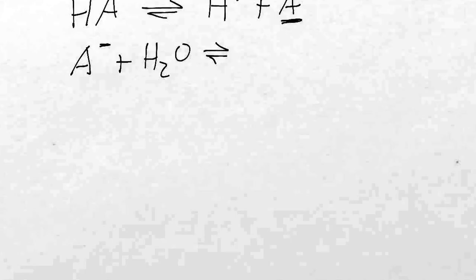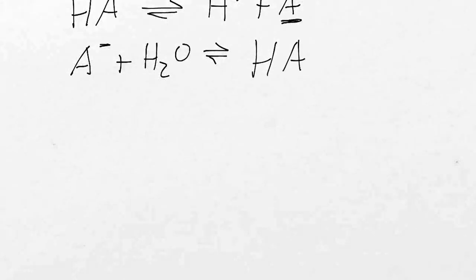So, this A minus then simply grabs a proton and goes, come with me. Good. Right? So, it leaves the OH minus on its own. So we have HA plus OH minus.